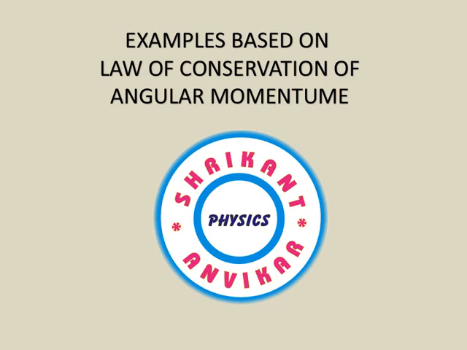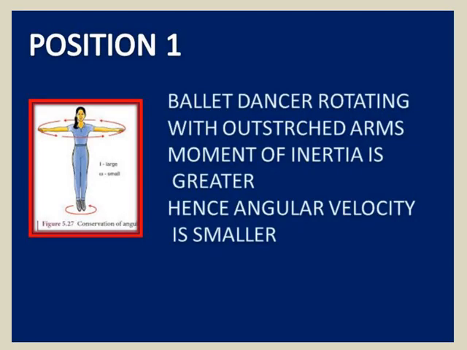Example based on the law of conservation of angular momentum. Example 1 is of a ballet dancer. The ballet dancer is performing rotational motion about a vertical axis. In position number 1, the dancer is performing rotational motion with outstretched arms.